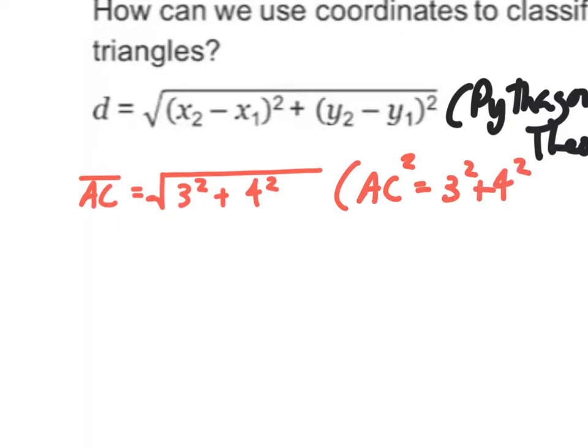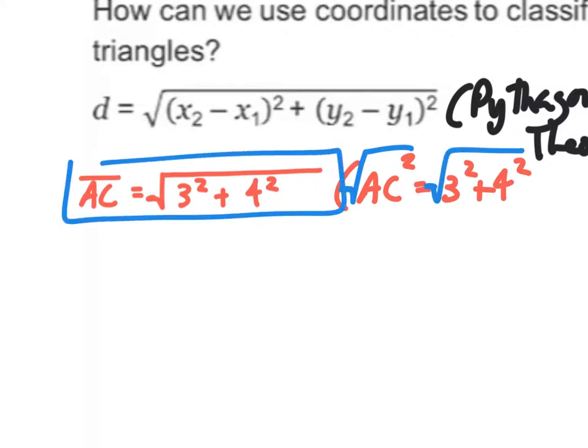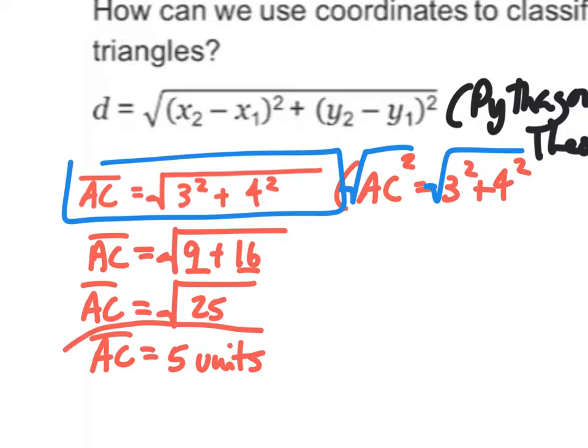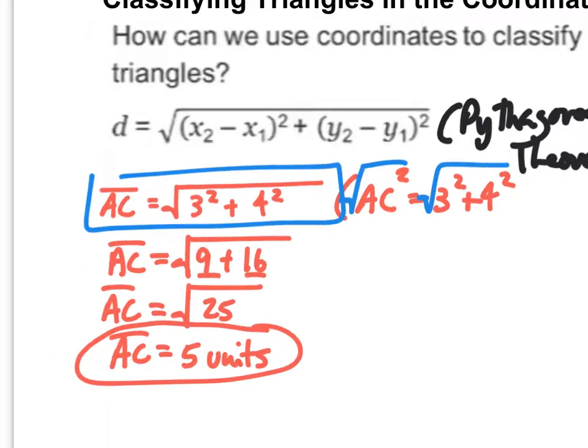If I take the square root of both sides, then AC is equal to that. Let's do the math: the square root of 3 squared, which is 9, plus 4 squared, which is 16. If I simplify this, I get the square root of 25, and so AC has a length of 5 units.